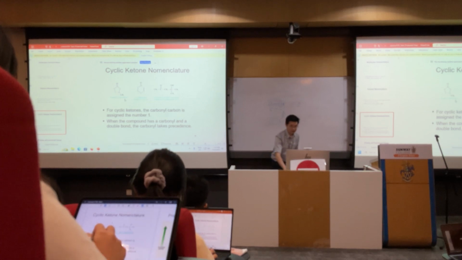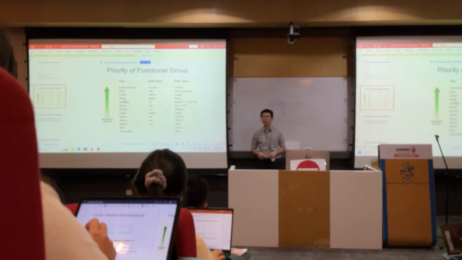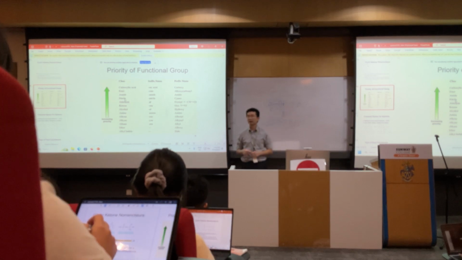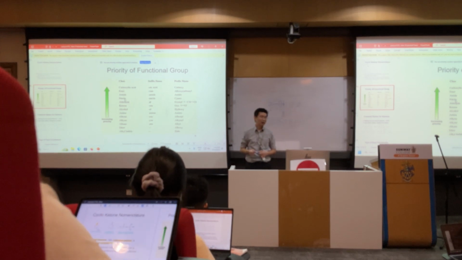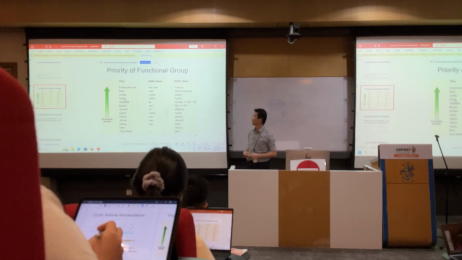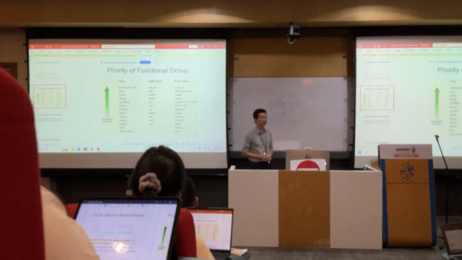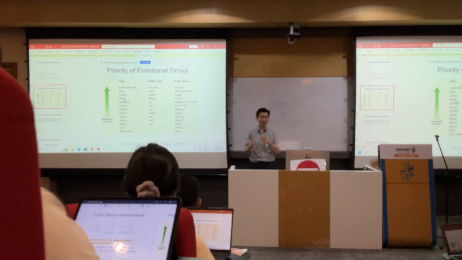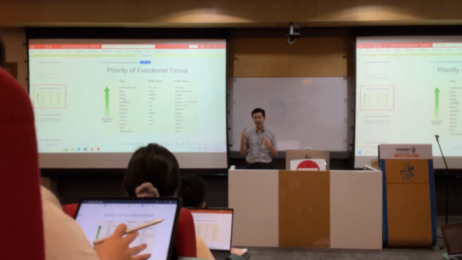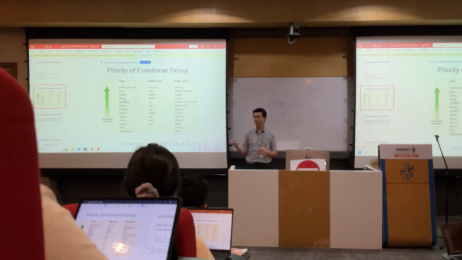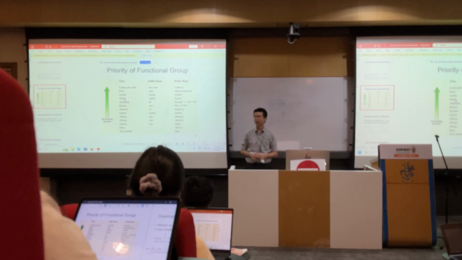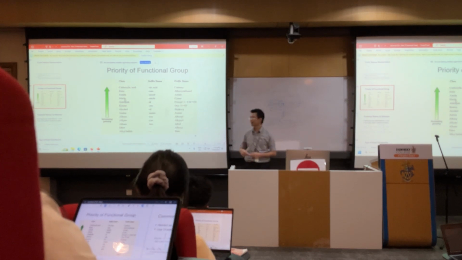And then the priority of functional groups. So we name the class of compounds based on this priority. The carboxylic acid always has the highest priority. If you have a molecule consisting of a few functional groups, one of them is carboxylic acid, one is a double bond, and one is OH in the same molecule, the nomenclature will always be based on this priority.